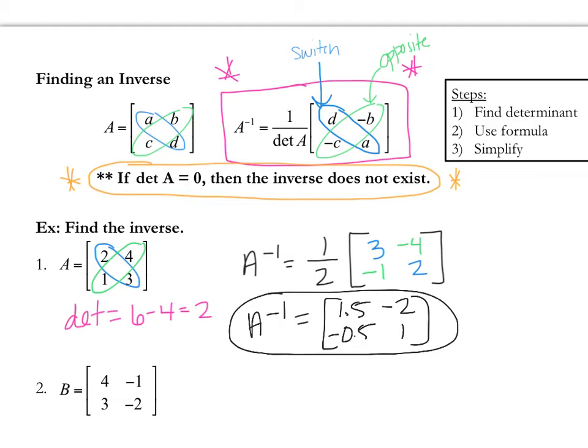Now, if you wanted to do a quick check over here on the side, we could multiply them together. You don't have to do this, but I just want to show you what we created really does create the inverse. So you would multiply the original times that inverse, and what we should see, since we want them to be inverses, they should cancel each other out. So if we were to do that, 2 times 1.5 is 3, 4 times -0.5 is -2.